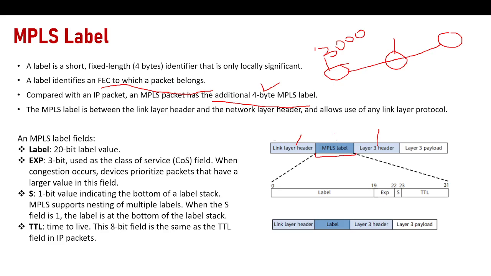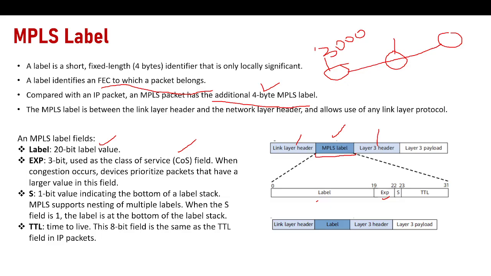Once you've inserted your MPLS label, these are the fields you expect in the MPLS label. You have the label itself, which is 20 bits long, and then you have EXP, the experimental field. It's 3 bits long, and this is what is used for the class of service. Remember, we've talked about QoS.